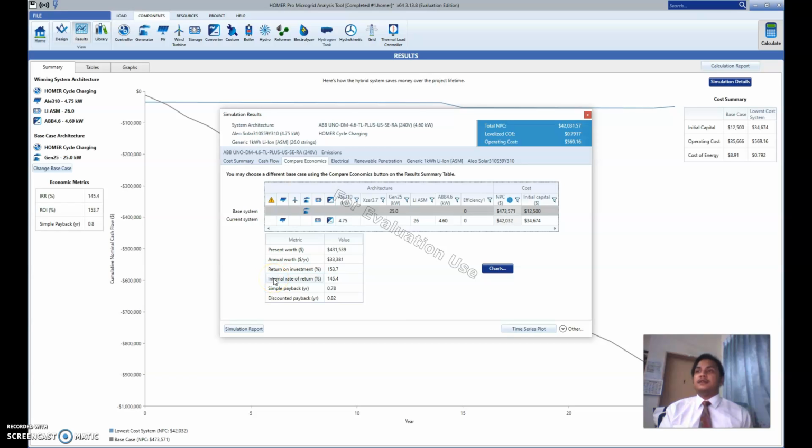The internal rate of return, or IRR, is 145.4%. The simple payback is 0.78 year. The discounted payback is 0.82 year.